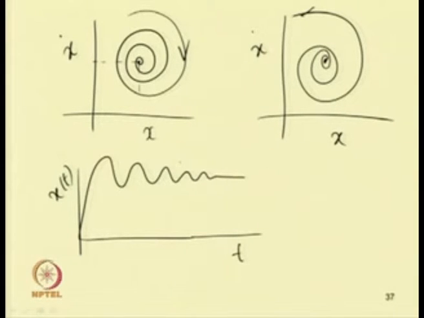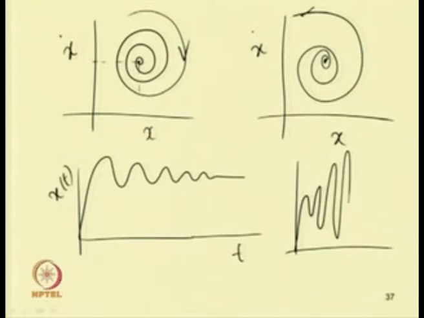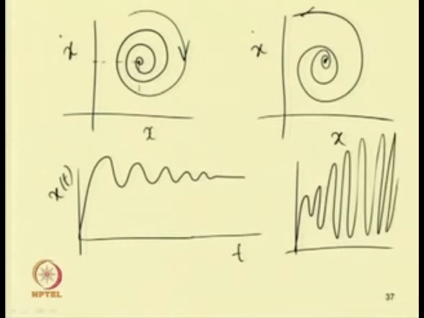So, this is particularly similar to the response of an underdamped system, and in the unstable case the response of the system will grow, and one can plot the time response of the system like this. So, this is for the fixed point response.